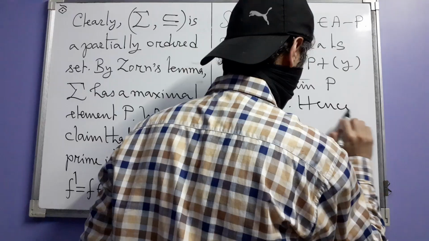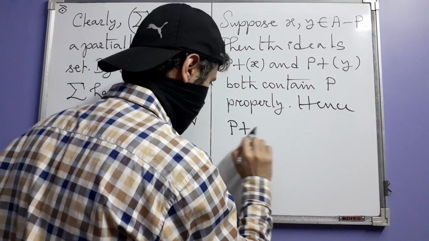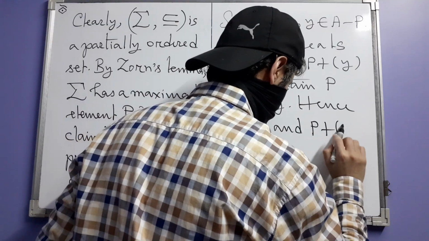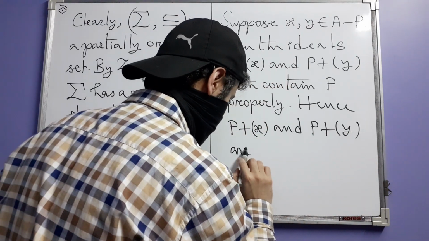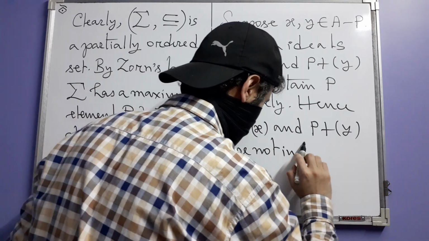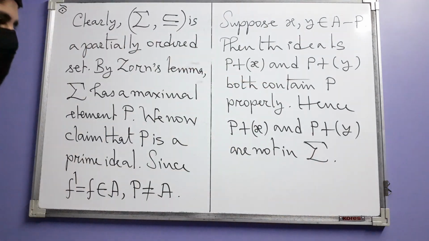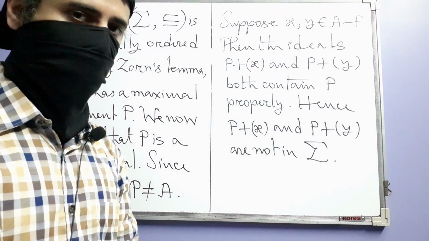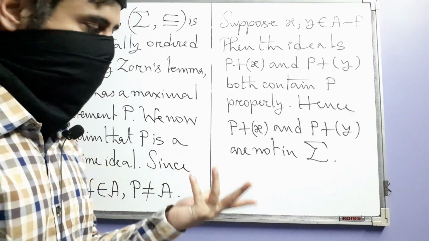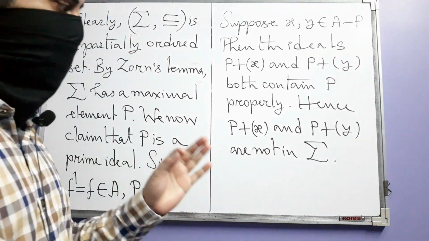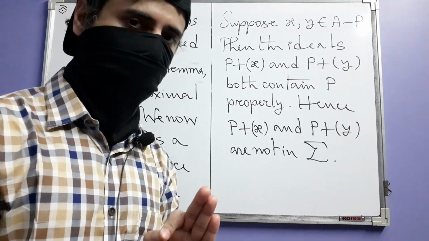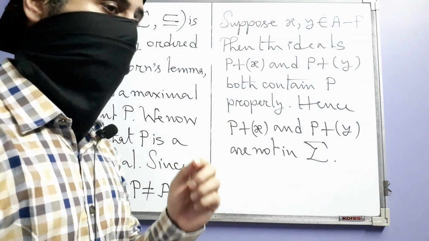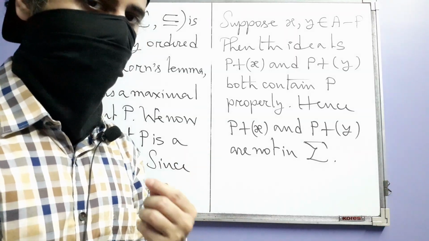Hence, P plus X and P plus Y are not in sigma. Okay. But what are the properties of the elements of sigma? Well, I mean, there is only one property, which is the definition of sigma. It says that any ideal which is an element of sigma does not contain any power of f, any positive integral power of f.